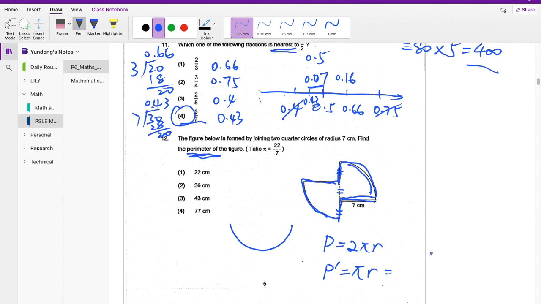Pi is 22 divided by 7, times the radius 7, which gives 22. The rest is 7, plus 7, plus these two halves making another 7, so 3 times 7 is 21. 21 plus 22 is 43. So this is the answer.